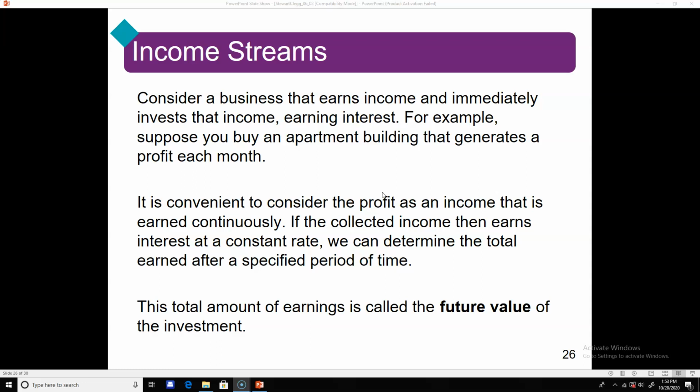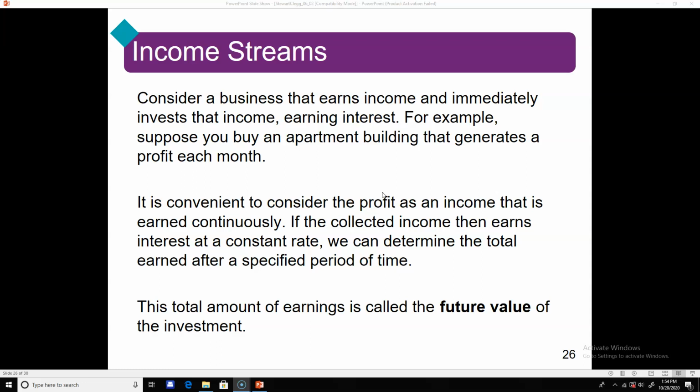In the example they give, they say, imagine you have a business that earns an income, and then on top of that, you take that income and invest it and you're earning interest. So you can talk about that as well. For these, we're typically going to be talking about the income earning stream, earning things continuously.